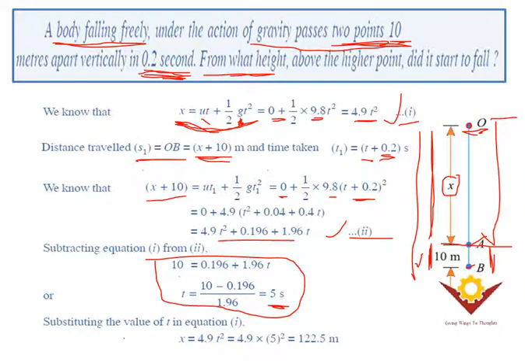Substituting the value of t in equation 1, x equals 4.9 t square, so you get x equals 122.5 meters. Clear?